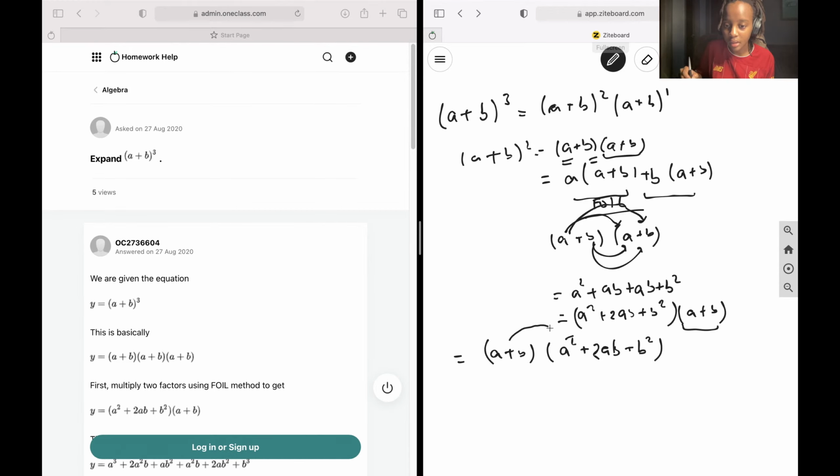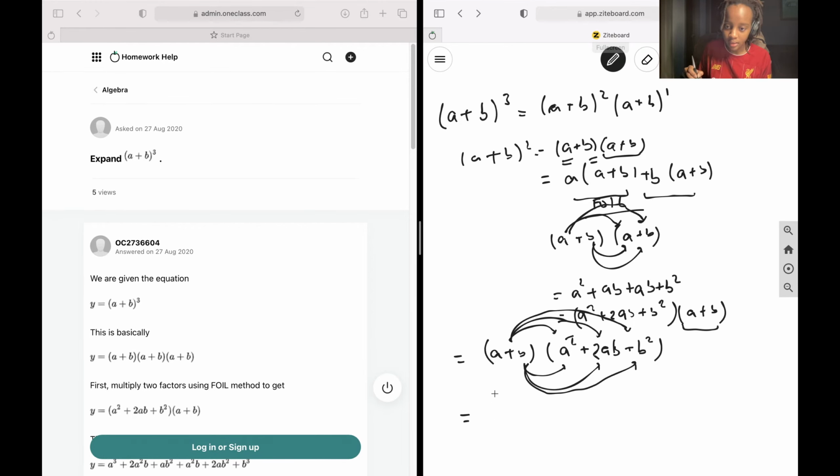then we do a times a squared plus a by 2ab plus a by b squared plus b by a squared plus b by 2ab plus b by b squared.